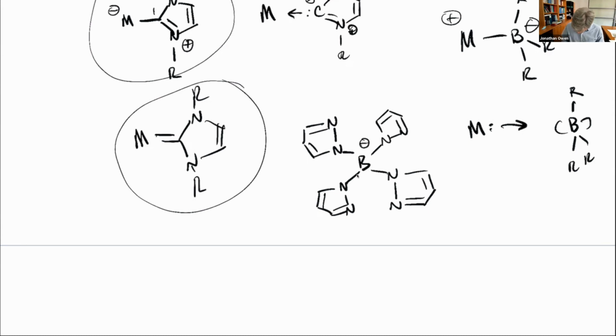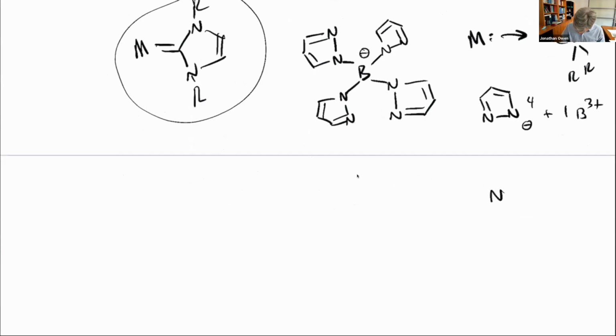It has 4 of these pyrazolate anions around 1 boron 3+. All right? You've got to boil it down to the neutral fragment.